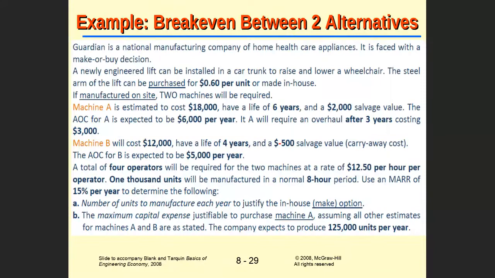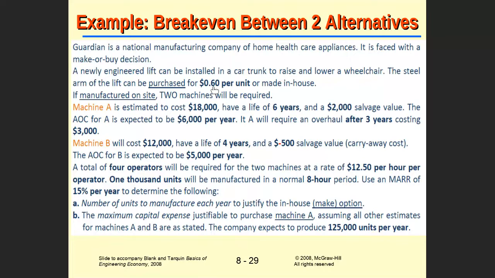Comparing now, this is the variable cost. All these are considered to be a fixed cost because those are not associated with the quantity. This variable cost is 40 cents or 0.4, whereas the purchasing option was 0.6 for the unit. Looking now only at the variable cost, the purchasing is more expensive compared to the manufacturing or making in-house option.